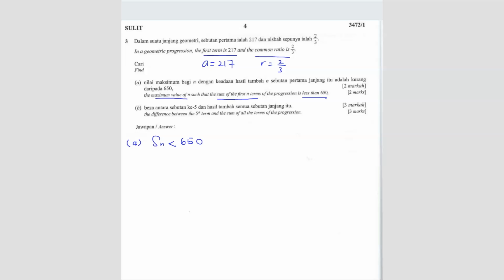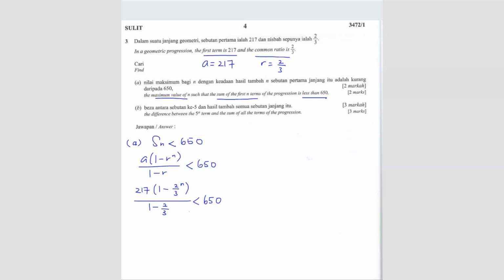So we're just going to substitute the formula. A times 1 minus R^n over 1 minus R, less than 650. So the A value you already know, 217, and then 1 minus (2/3)^n, because we don't know what n is, over 1 minus R, where R is 2/3, 1 minus 2/3, less than 650.